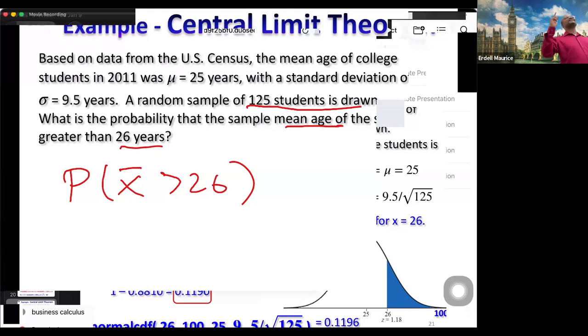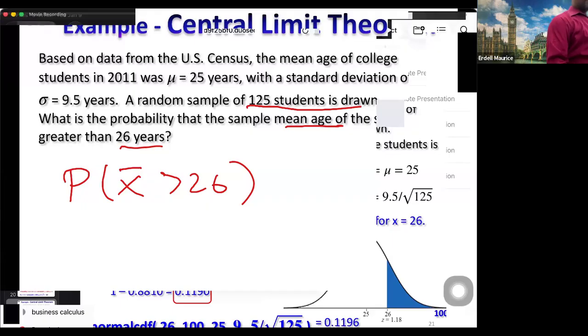One of them, we're looking at a sample and we're asking you about the sample. What's the probability that the average age for a group of 125 individuals is going to be greater than 26? That's different from picking a student at random. What's the probability that that student is greater than 26 years of age?